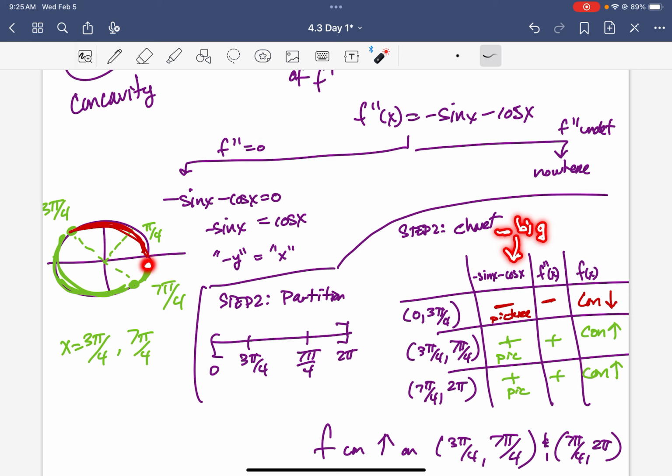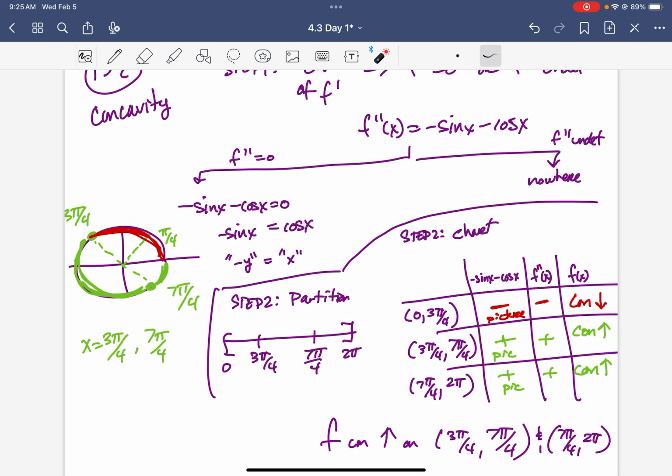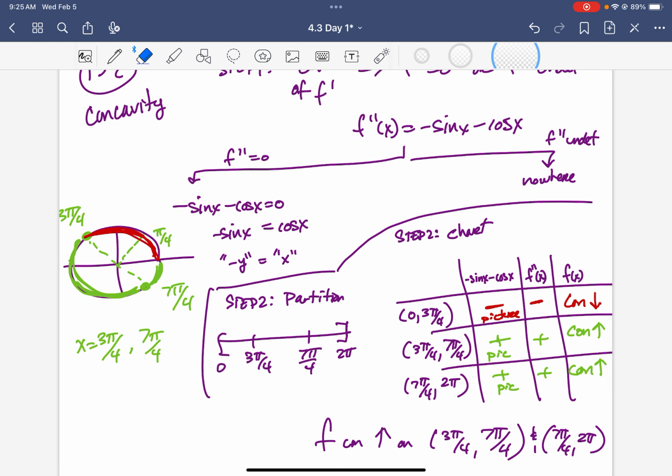That means, ooh, I actually think that's going to be concave down. So if I look at that picture, I'm actually thinking that that's going to be concave down. So let's double check that.